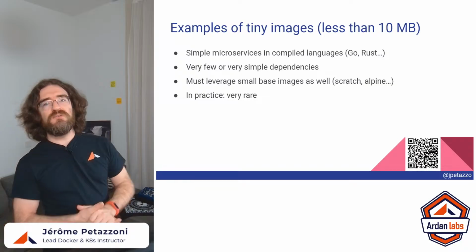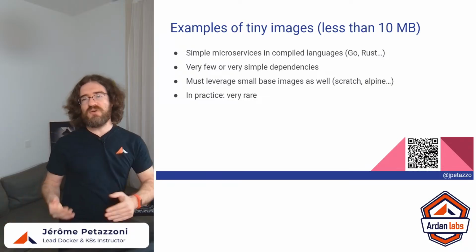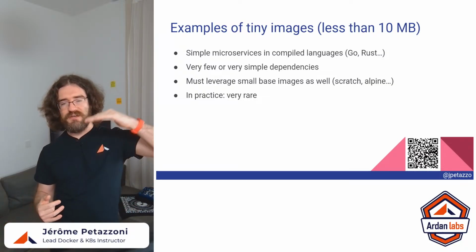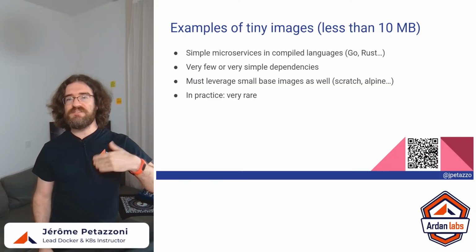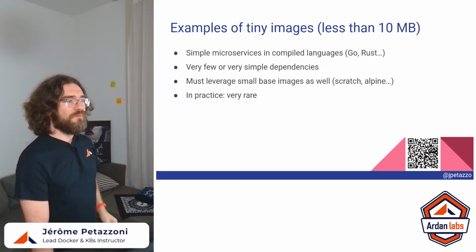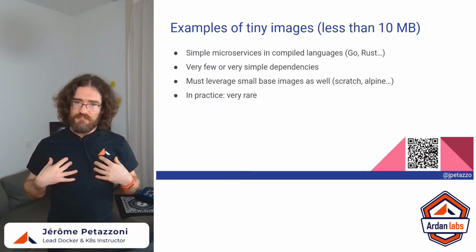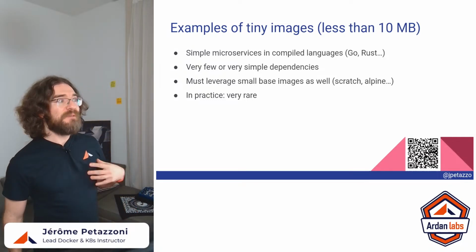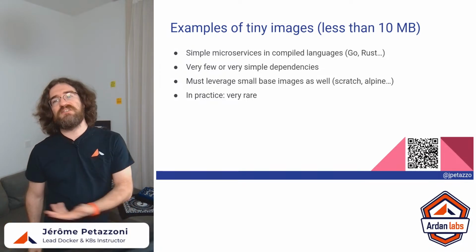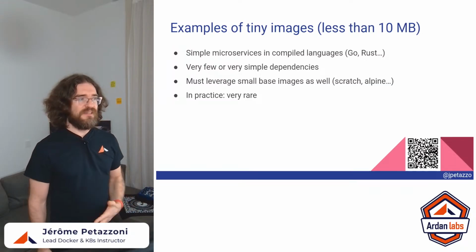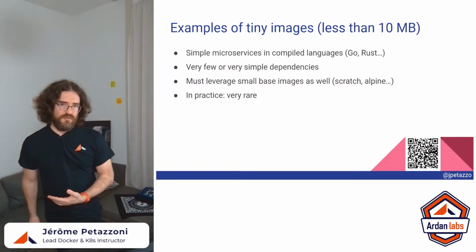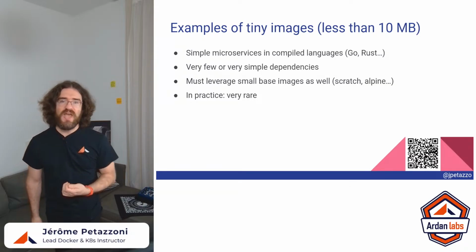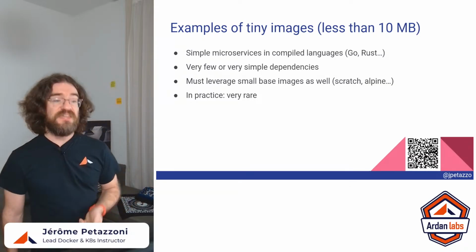Well, I'm going to give you a completely arbitrary series of sizes: tiny, small, medium, big, huge. So for me, and that's just my personal opinion, a tiny image is going to be less than 10 megs. And honestly, it's going to be extremely rare to have tiny images. They do exist.